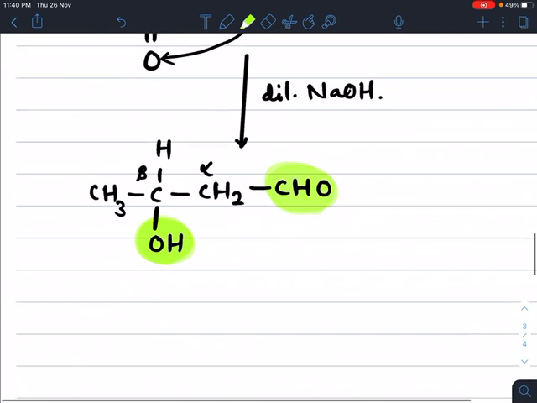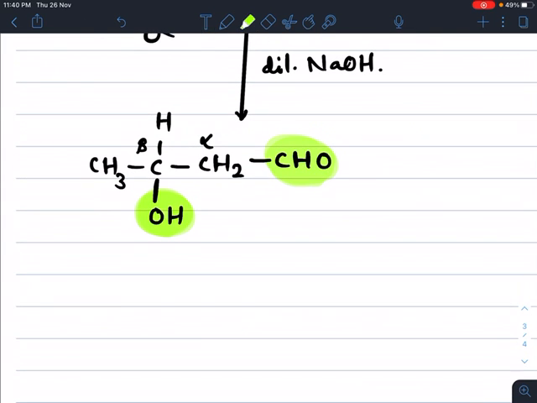For its IUPAC name, we number this chain from the side which gives the minimum possible number to the CHO group.